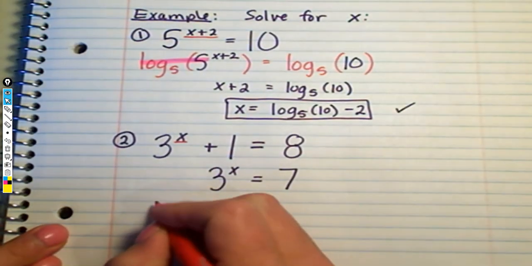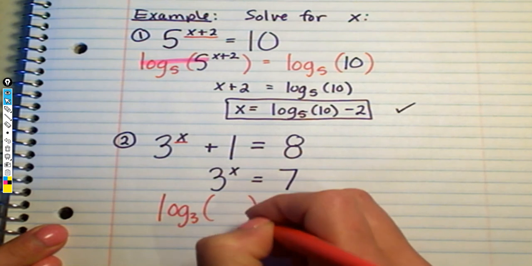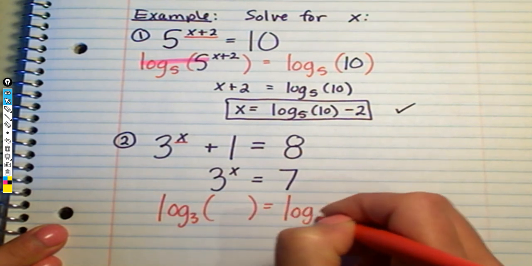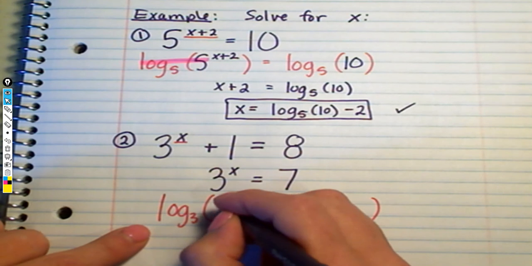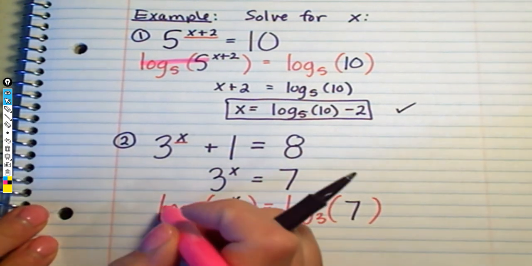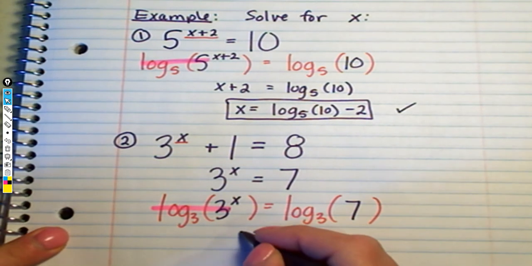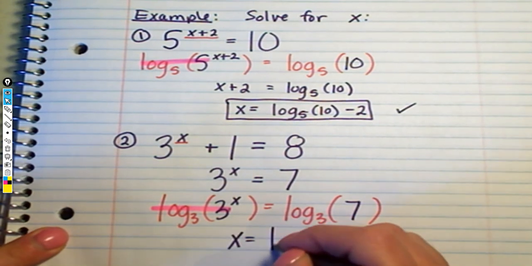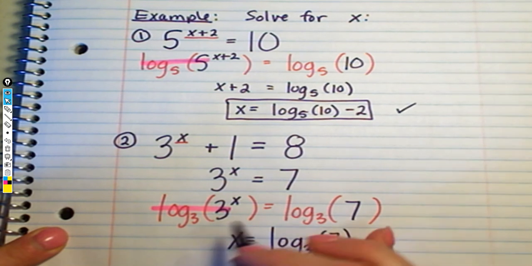Okay. Log base 3. Okay, I'm choosing base 3 because I want the side with the x to simplify nicely with my inverse property. x equals log base 3 of 7.